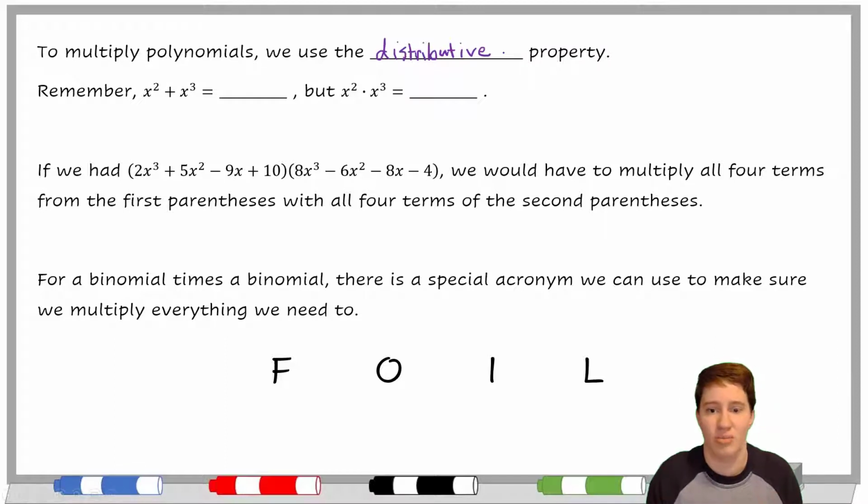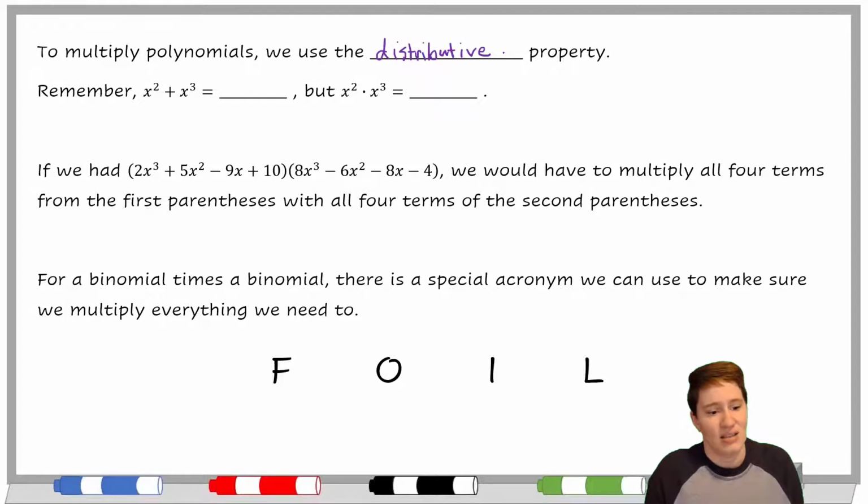We also need to remember that, this is going to sound dumb, but addition and multiplication are two very different things. So if I ask you what's x squared plus x cubed, it's a very different question than what is x squared times x cubed.